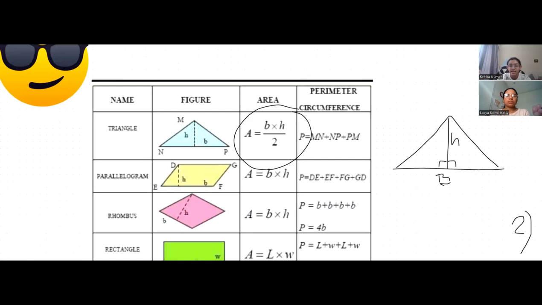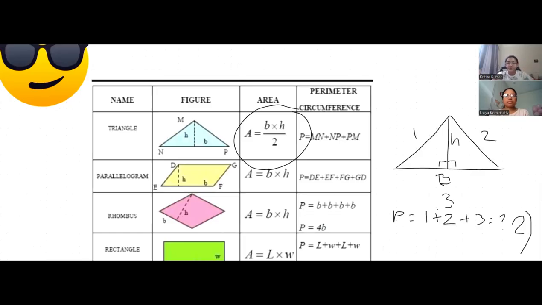And then perimeter is basically adding up all the sides. For example, we call this side 1, 2, and this is our side 3. Then our perimeter is just going to be the sum of all the sides. I wrote 3 before 2, but it doesn't matter which way you add it, because addition wouldn't really matter.